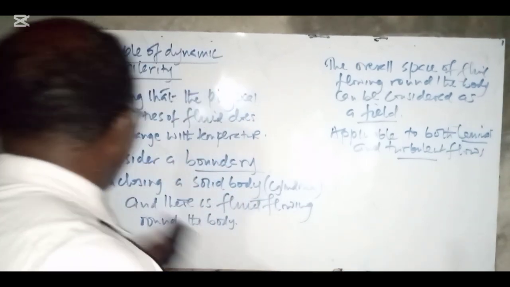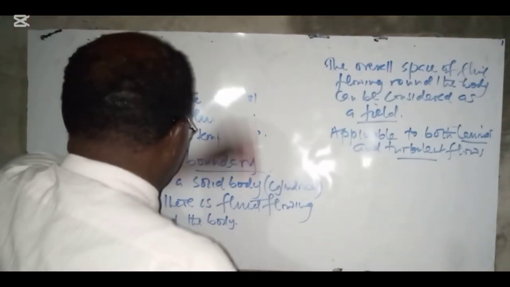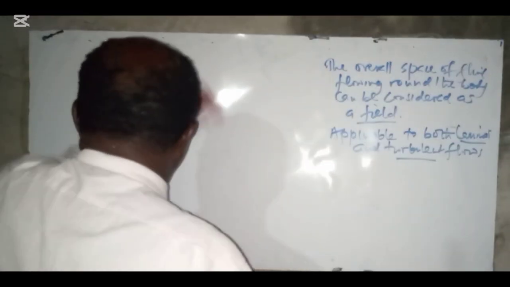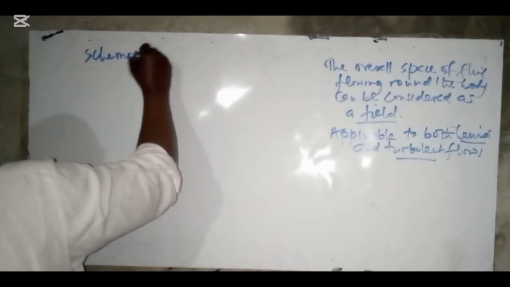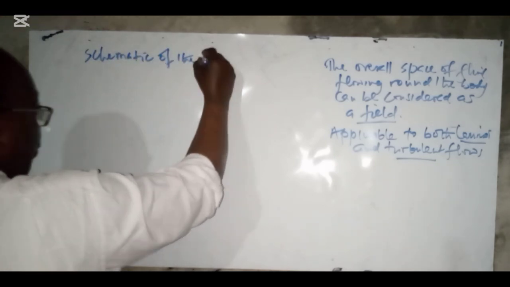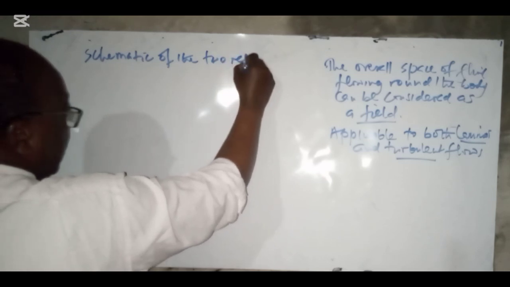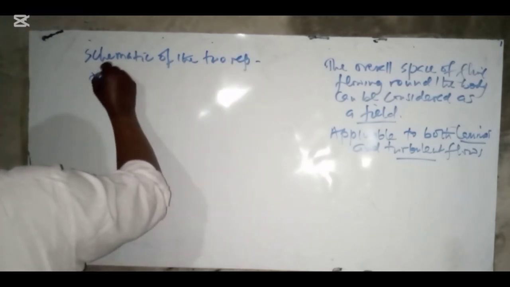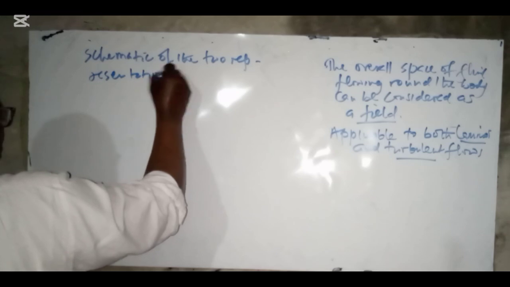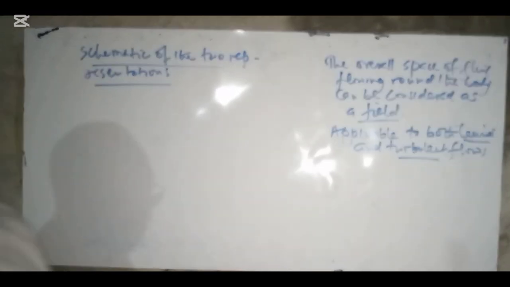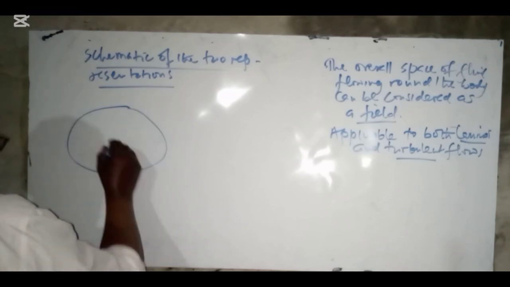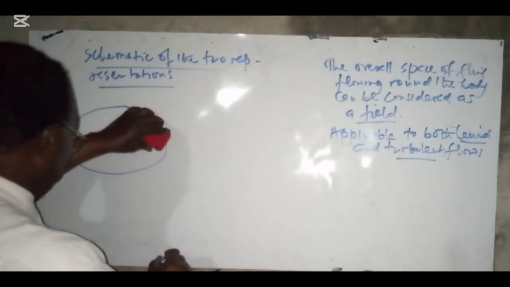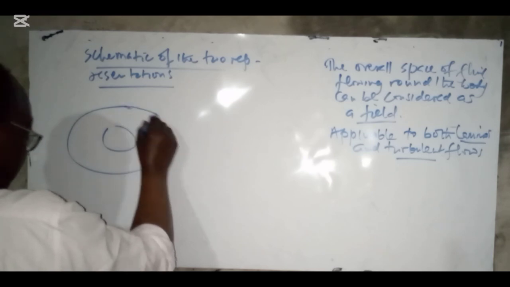So if we have taken two bodies, for example, let's draw a schematic of the two representations. Try to draw it as best as you can.